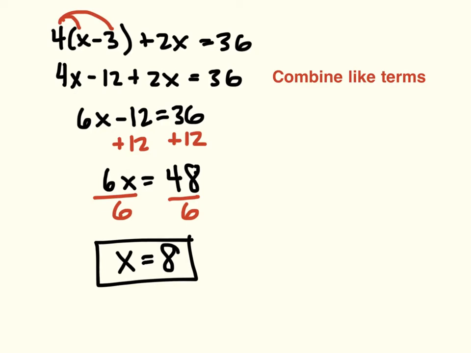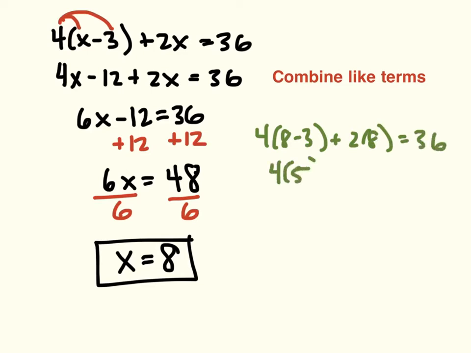And again, we can check our solution. 4 times 8 minus 3 plus 2 times 8 equals 36. So that's 4 times 5 plus 16 equals 36. 20 plus 16 is, yes, 36.